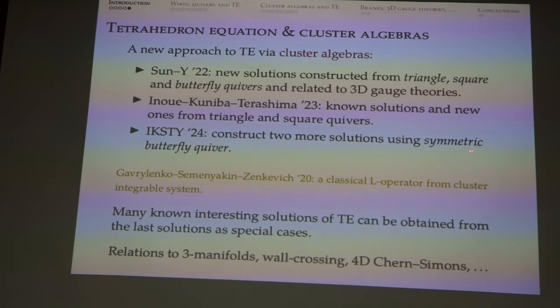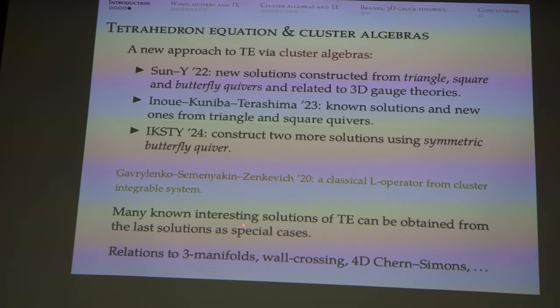This new approach seems to be very powerful because many, or probably most, of the known and interesting solutions of the tetrahedron equation can actually be obtained from the solutions we obtain using these cluster algebra approaches, as special cases, by certain special limits.